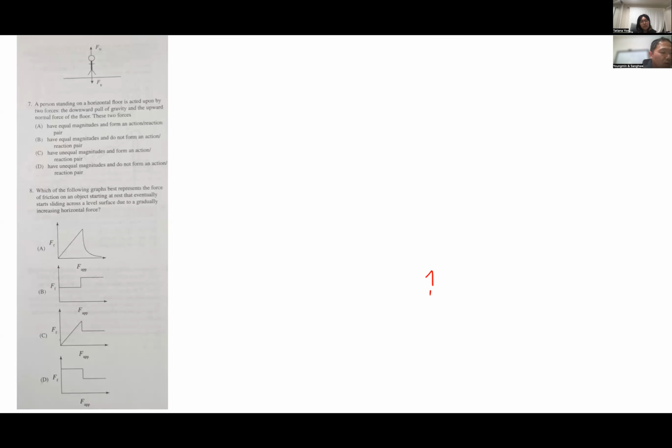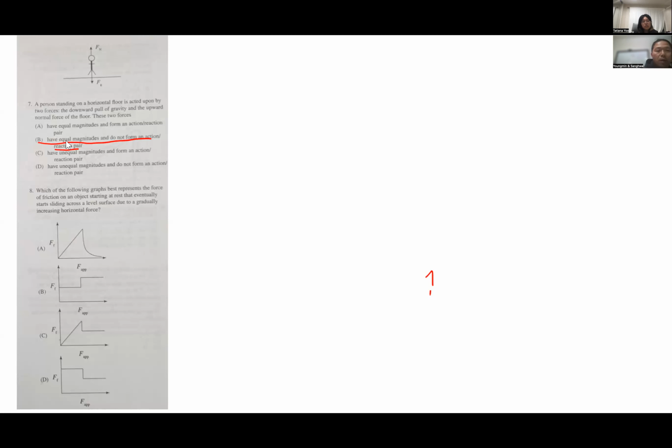So one action-reaction pair in this circumstance is the person and Earth from gravitation, and the other action-reaction pair in this case is the person and the floor with the normal force. Okay, so B is correct: the two forces have equal magnitude but do not form an action-reaction pair.